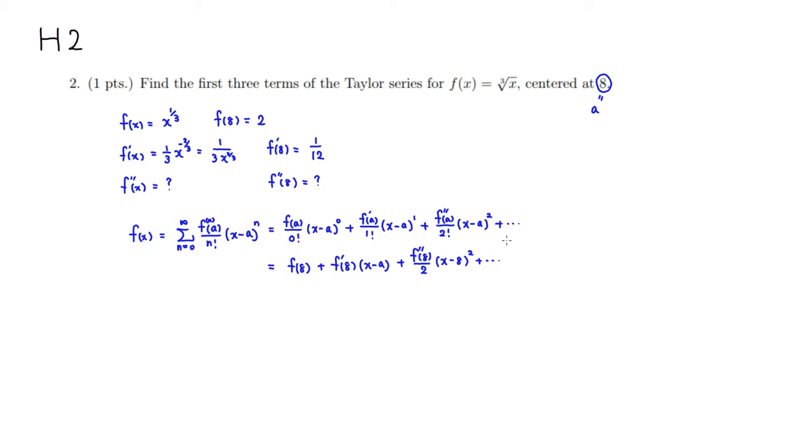So f of 8, we found that to be 2. F prime of 8 is going to be 1 over 12 times x minus, sorry, I forgot to put 8 there. So you have x minus 8 plus, and I'll finish it up.